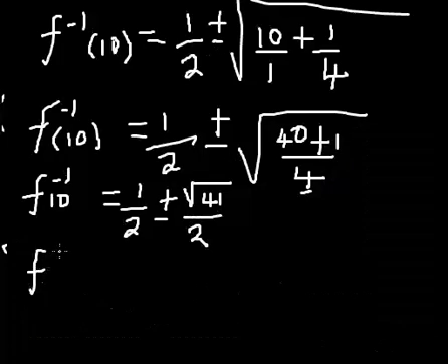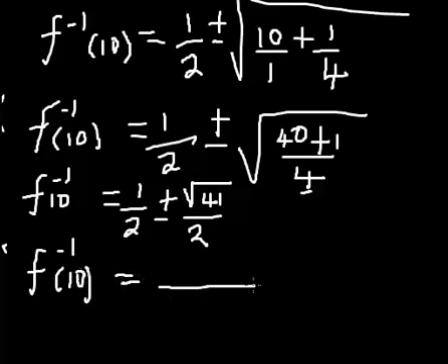If I simplify this, f inverse of 10 is going to be equal to, the LCM here is 2, divided by 2 is 1. 1 times 1 is 1, plus or minus 2 divided by 2 is 1, 1 times the square root of 41 is square root of 41.